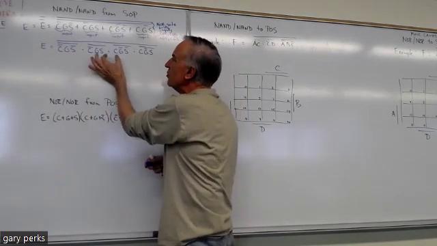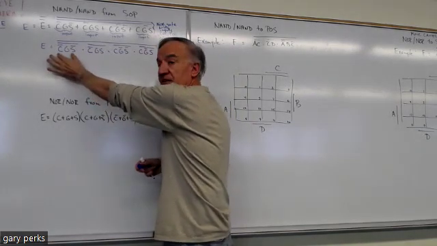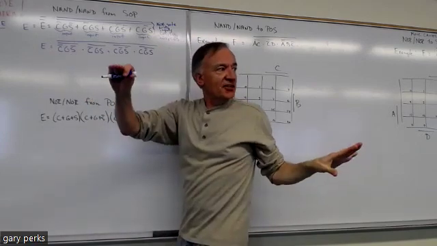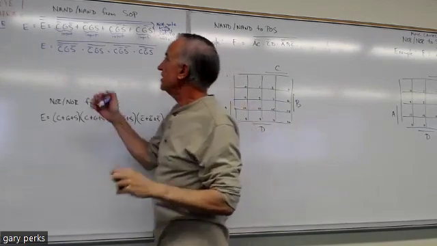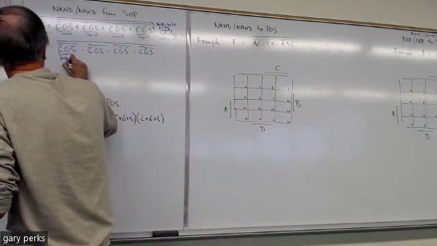So each one of these terms is what kind of gate? A NAND, right? Because each one of these terms, you're ANDing the variables together and then inverting the whole thing. So each term is a NAND.